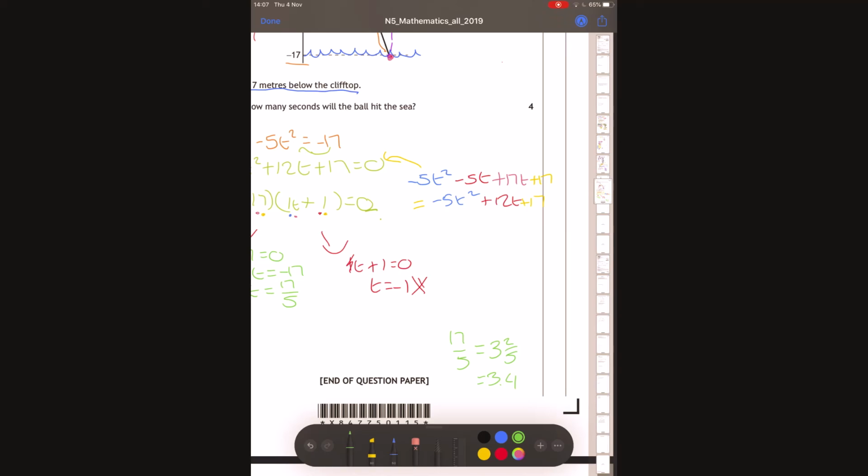But is 17 divided by 5 plausible? Just quickly, convert this into a mixed fraction, 17 over 5. Well, we know that 3 times 5 is 15, plus we have 2 left over, 3 and 2/5. 2/5 is equal to 0.4, because if you divide 100 by 5 you get 20, i.e. 0.2. 0.2 times 2 is 0.4, so we have 3.4.